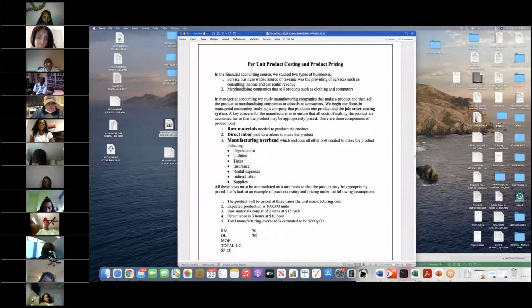That's the overhead divided by the number of units produced, which is 100,000 units. The overhead is $600,000, so simply $600,000 divided by 100,000 gives us an overhead of $6 each.